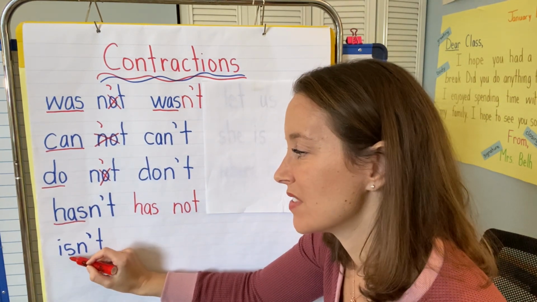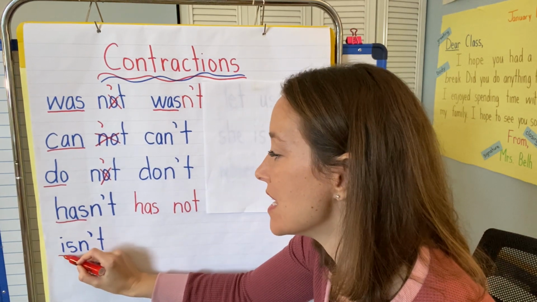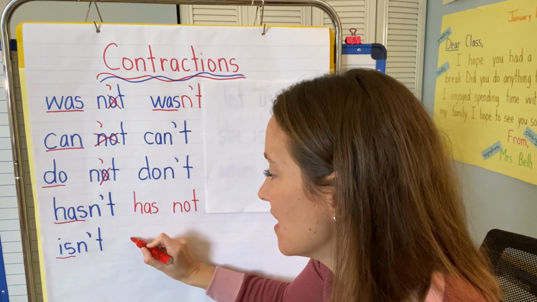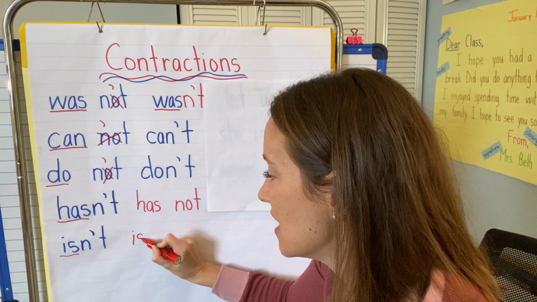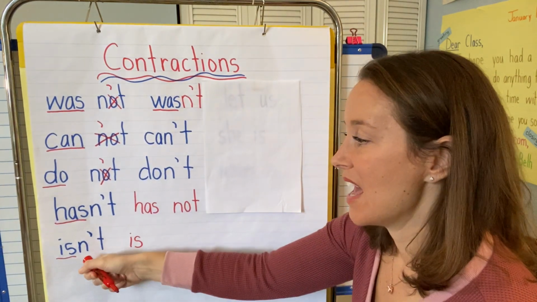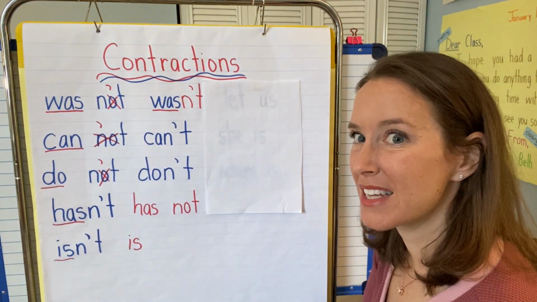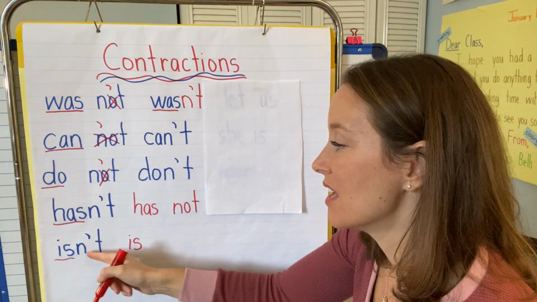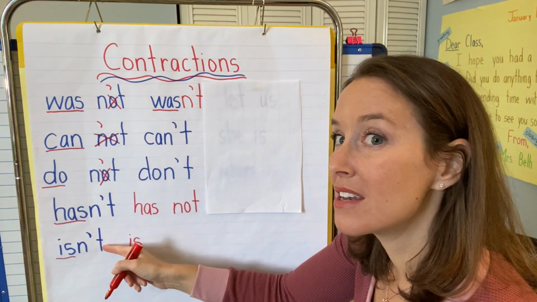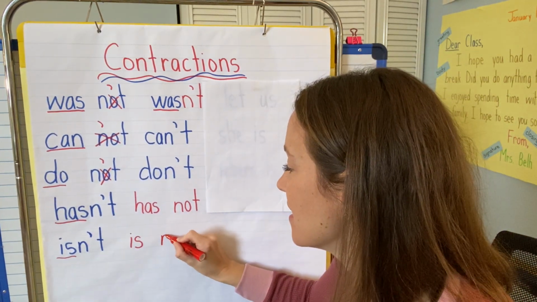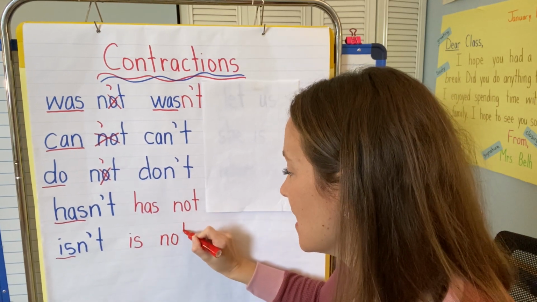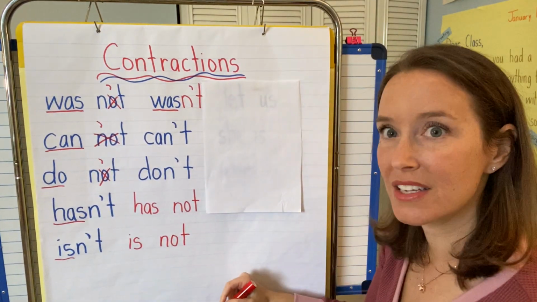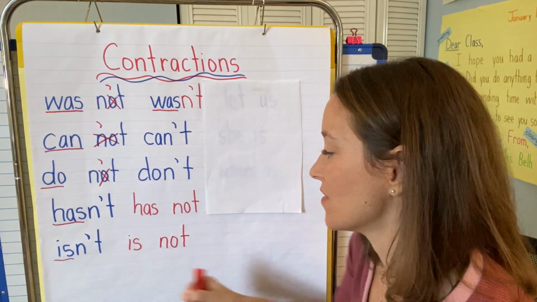Oh, is. Here's the word is. And then N apostrophe T. What does that stand for? Is not. He isn't here. He is not here. So that stands for not.